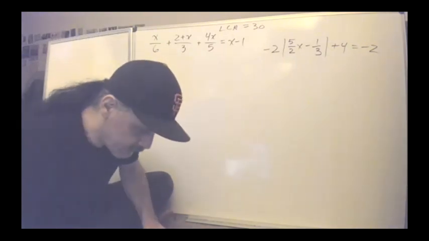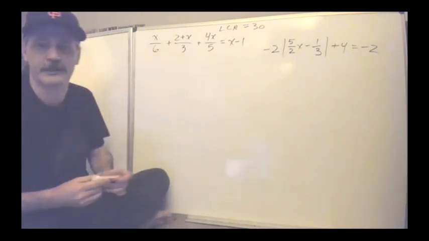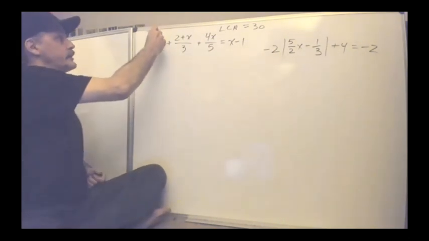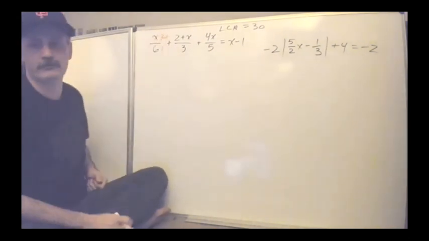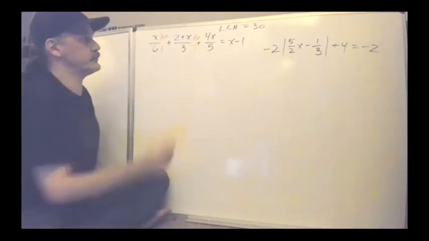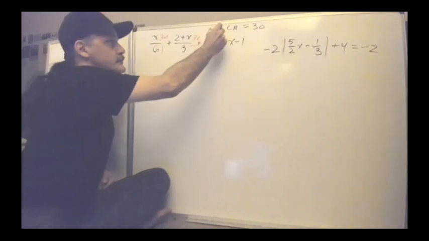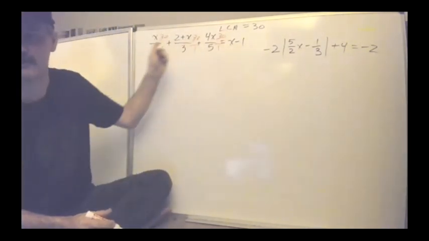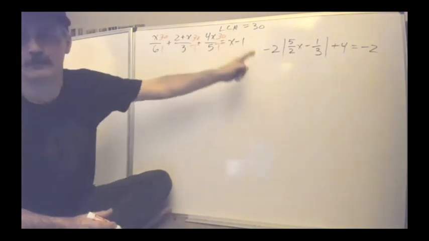Okay, because that is actually a better way to handle this complicated problem. So I'm going to multiply this fraction by 30, which means 30 over 1. I'm going to multiply this fraction by 30, and this one by 30 as well. Now, if we're going to multiply the left side by 30, we have to multiply the right side.